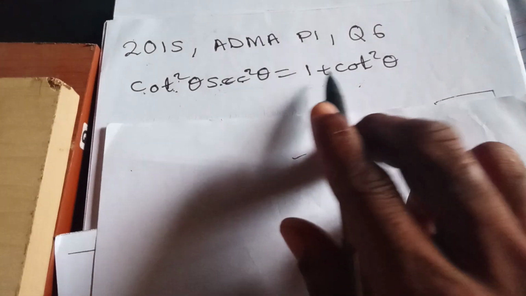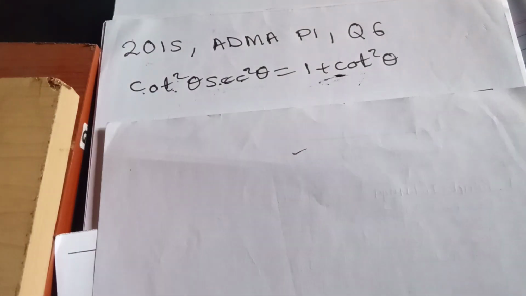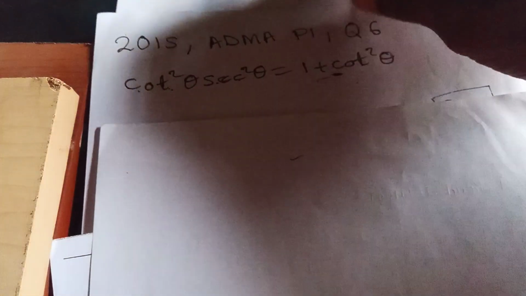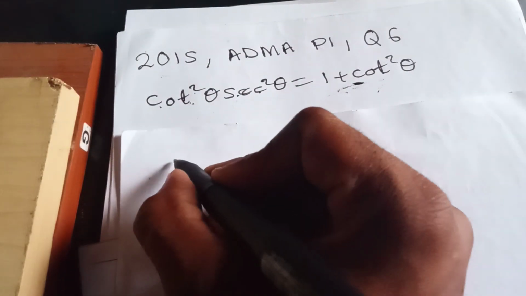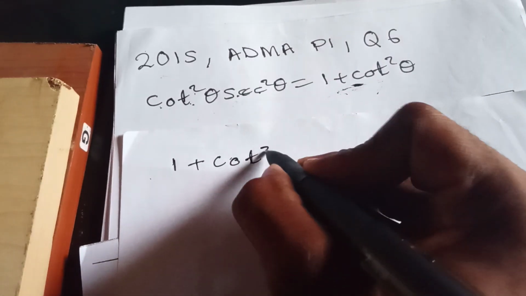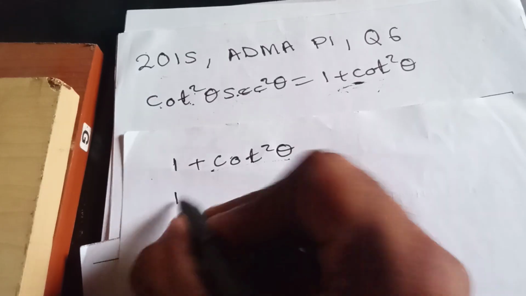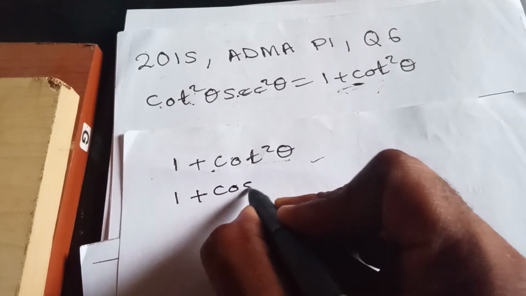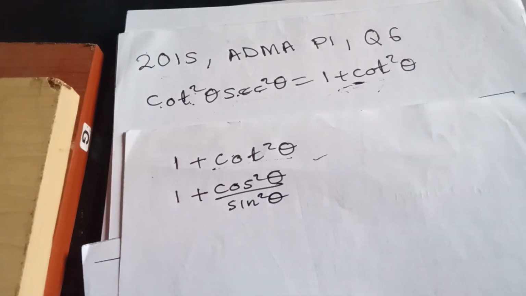So if at all you decided to use this side, it doesn't look like a good idea though. Let's give it a try anyway. So this one will be 1 plus cot squared theta. So you can write this as 1 plus cos squared theta over sine squared theta.